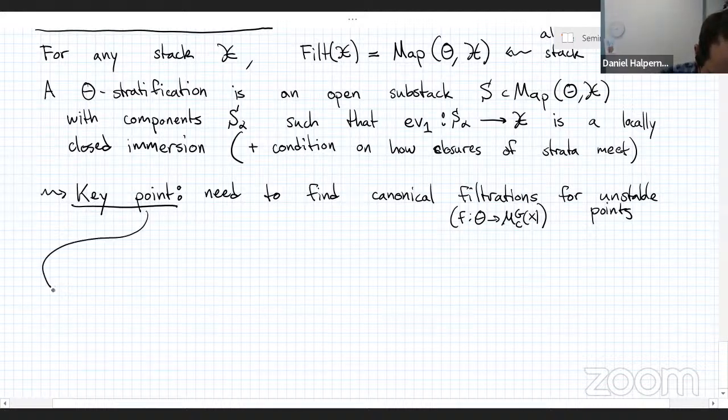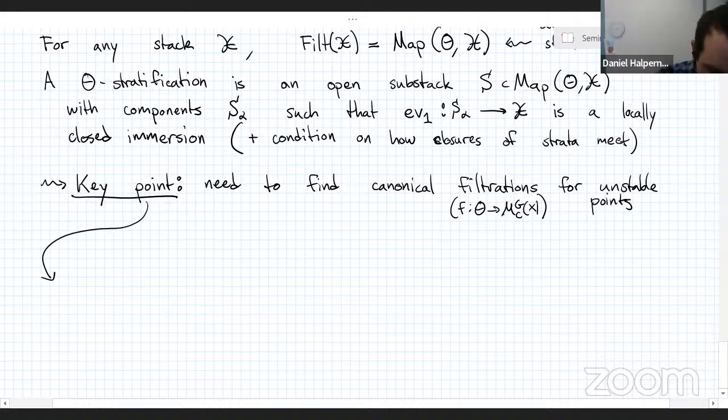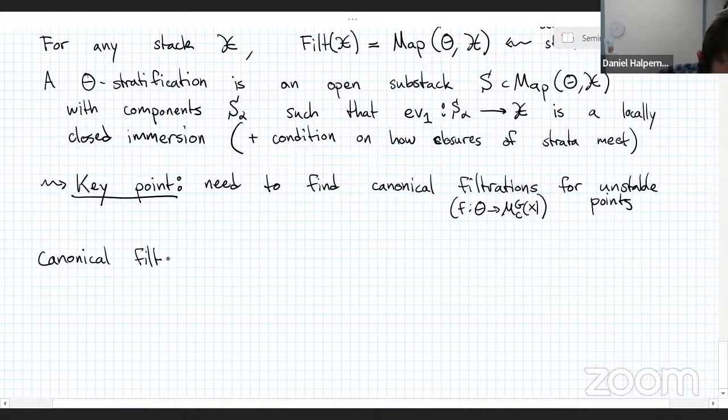And this is the part. So this is specified by canonical filtrations, which are determined by a numerical invariant.